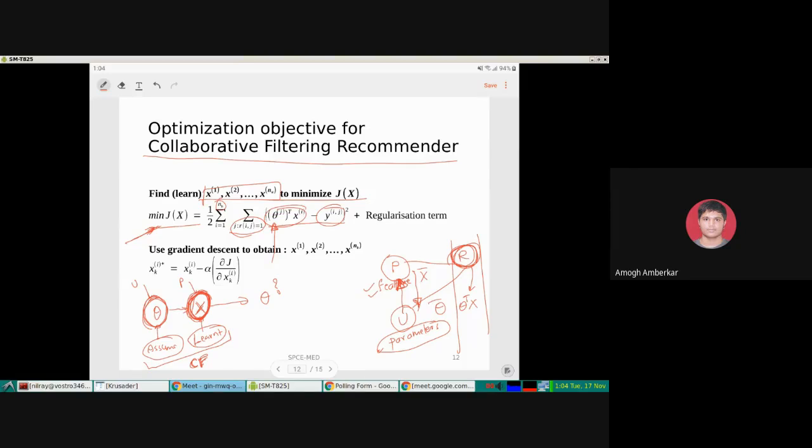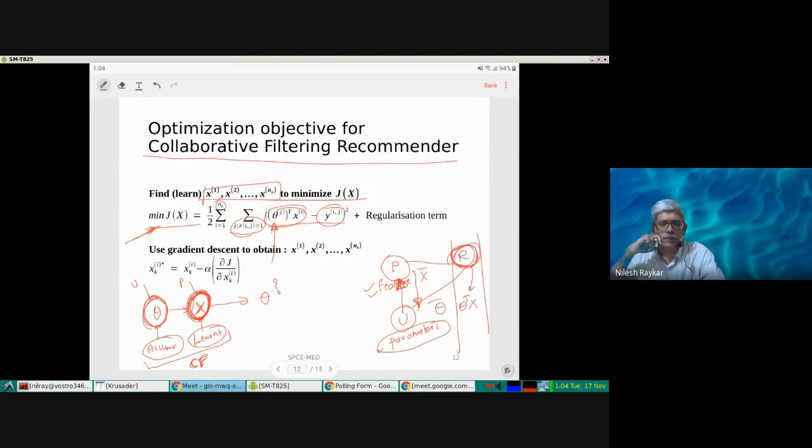Yeah, that's right. So at this point, we can plug in the content-based filtering. In the content-based filtering, given the x vector, you can calculate the theta vector. So that is what we have seen.